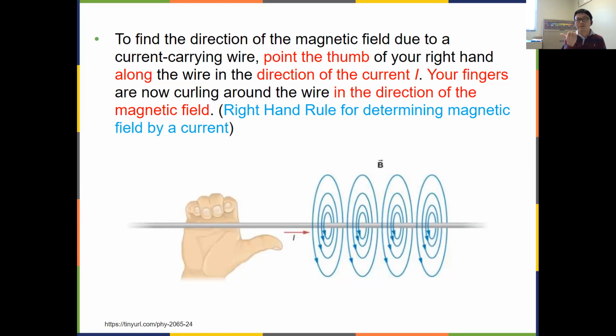Your thumb points in the direction of the current, which is the same direction as the positive charge's velocity, and your fingers curve in the direction of the magnetic field. So at different locations, you'll see the magnetic fields are in circular patterns.